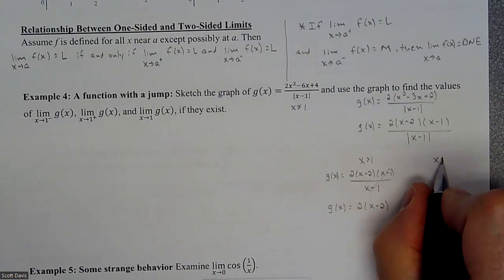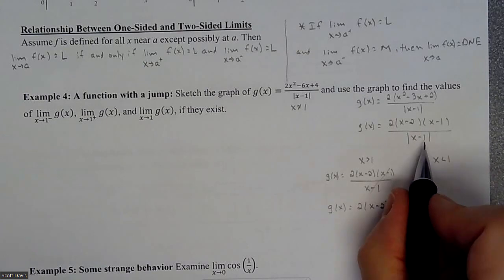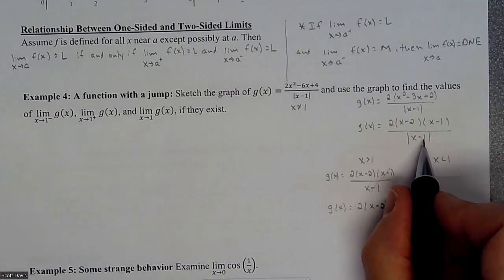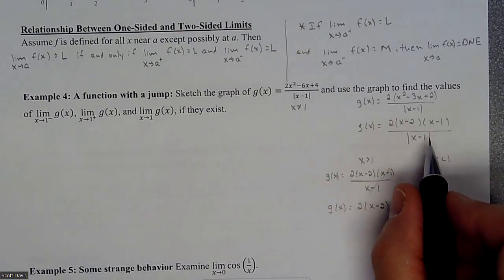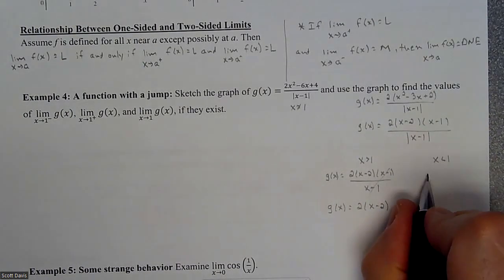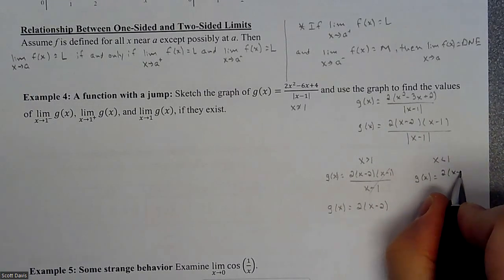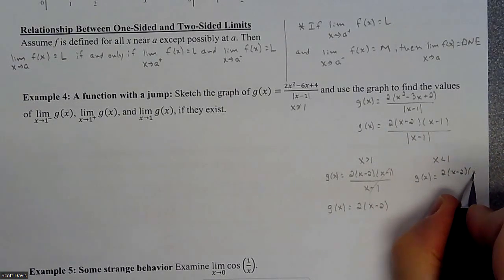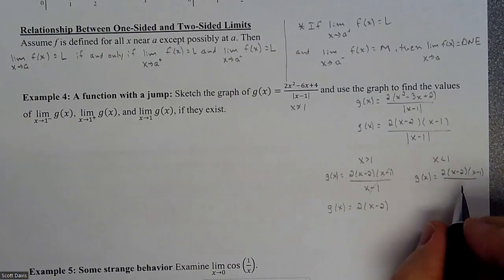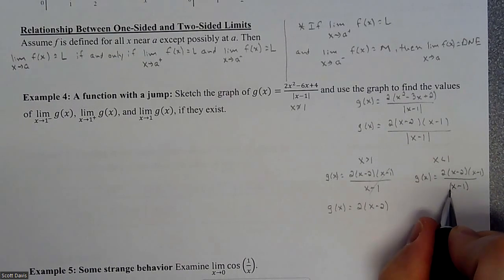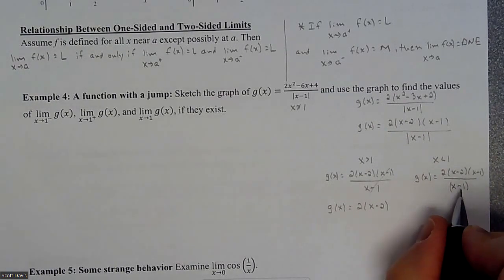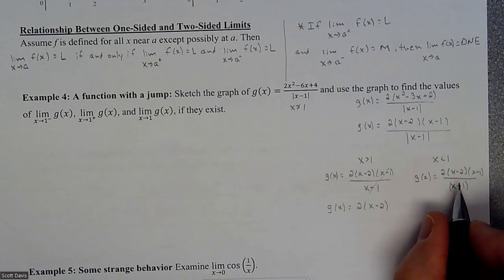And that's when your x's are less than 1. So if you were to plug in 0, 0 minus 1 is -1. The absolute value is needed to change the sign. So what does it do? Well, let's rewrite our function here. Okay, and then we still have this x minus 1, except that x minus 1, whatever that value, we need to change its sign because anything less than 1 would create a negative.